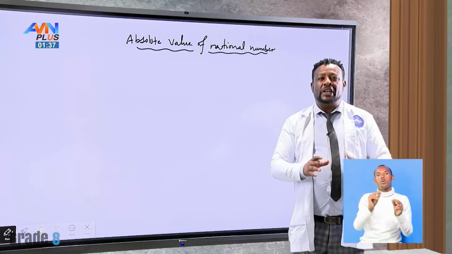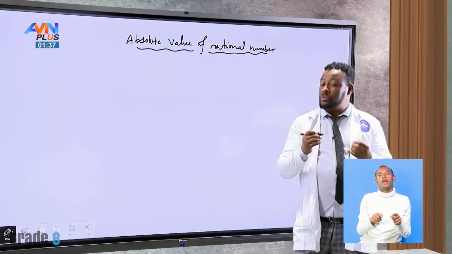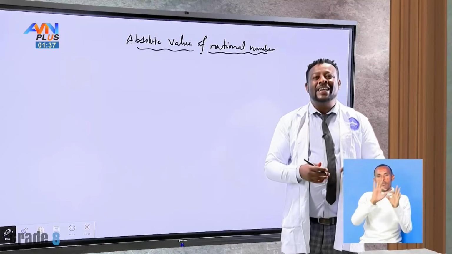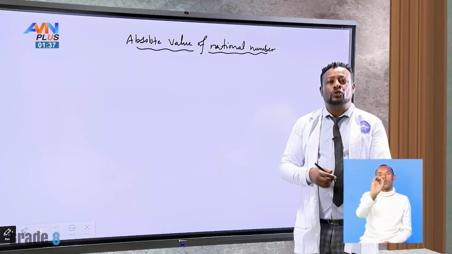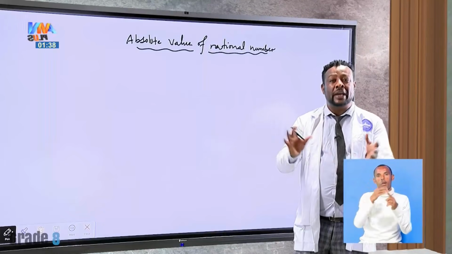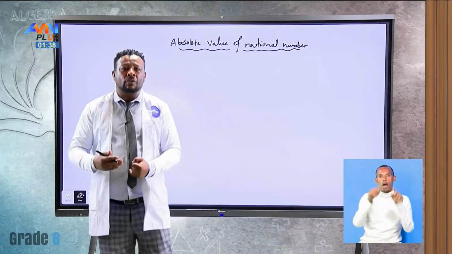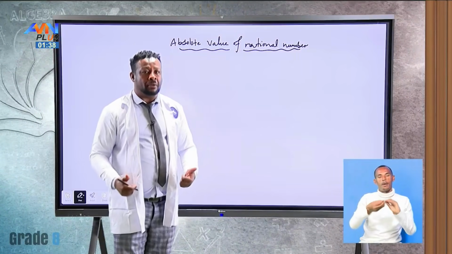There is no consideration of directions. The absolute value of a rational number can be defined as the distance from 0 to a number on a real line without considering the direction, okay? So this is the definition of absolute value of a number, okay?